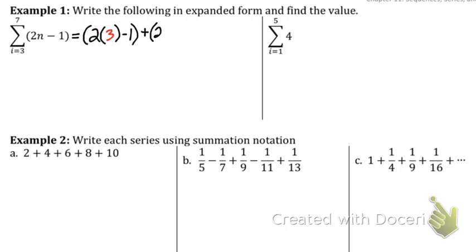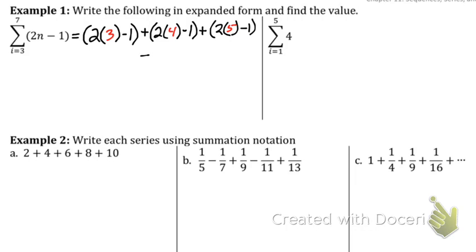Then we're going to add 2 times 4 minus 1. Then 2 times 5 minus 1. I've got to go down to the next row.